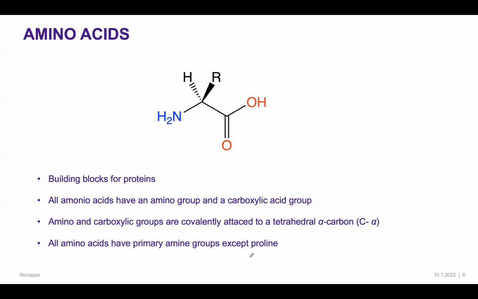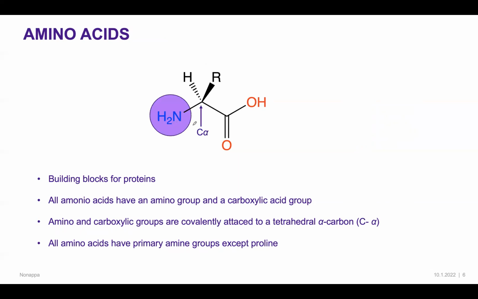If you look into amino acids and their structure and properties, they all have something in common. That is, they have an amino group, they have a carboxylic acid group, and then an R group. These are all connected to the carbon which is called alpha carbon.